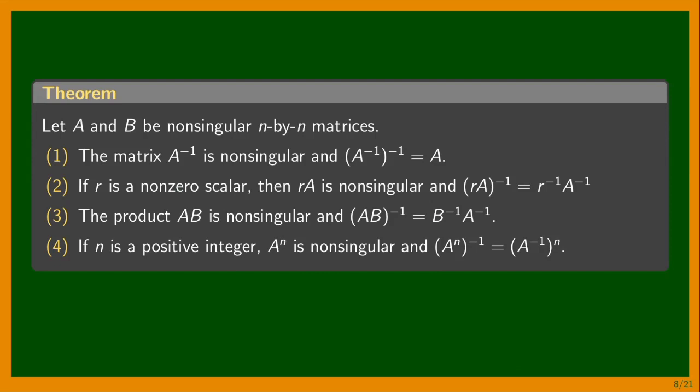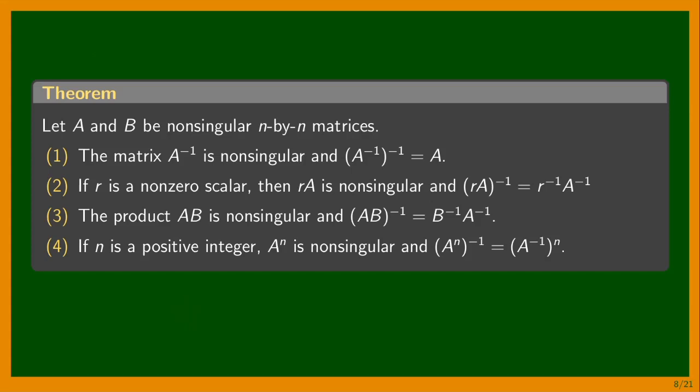Now, these are some of the properties of non-singular matrices that we have collected. So, of course, if A is non-singular, its inverse is also non-singular, and the inverse of its inverse is going to be A. This is because the inverse of a matrix is unique.